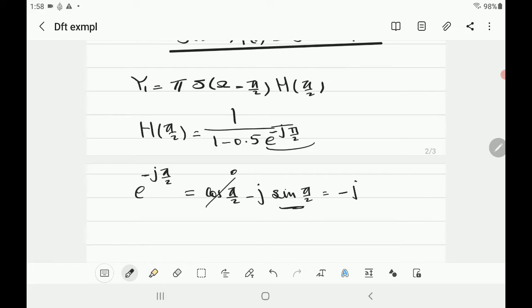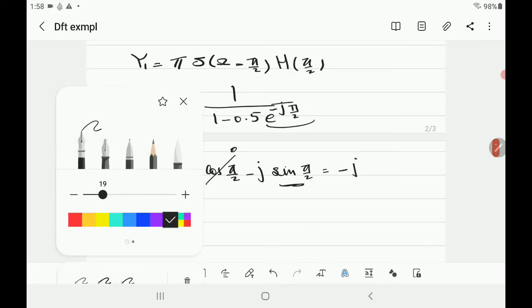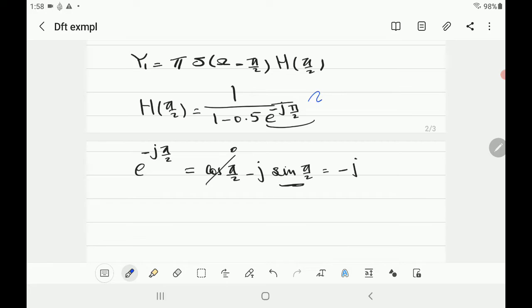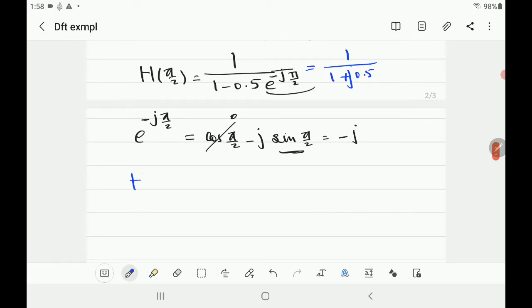So it's equal to minus j. Now it's really easy. So let's simplify it. H of pi over 2 will be equal to 1 over 1 minus 0.5 multiplied by minus j, so that plus j. All right, so H of pi over 2 is equal to 1 over 1 plus j 0.5.